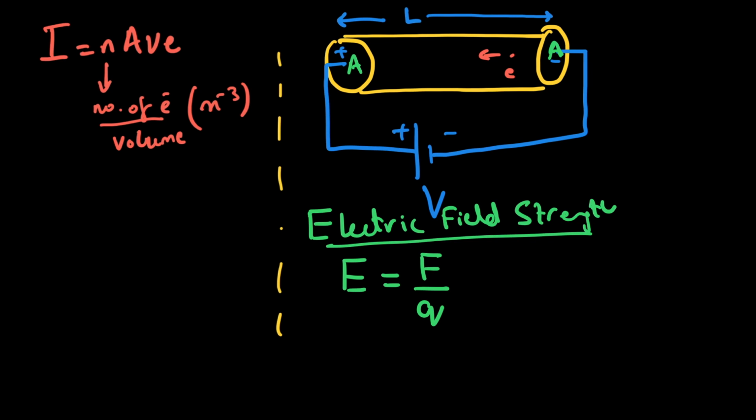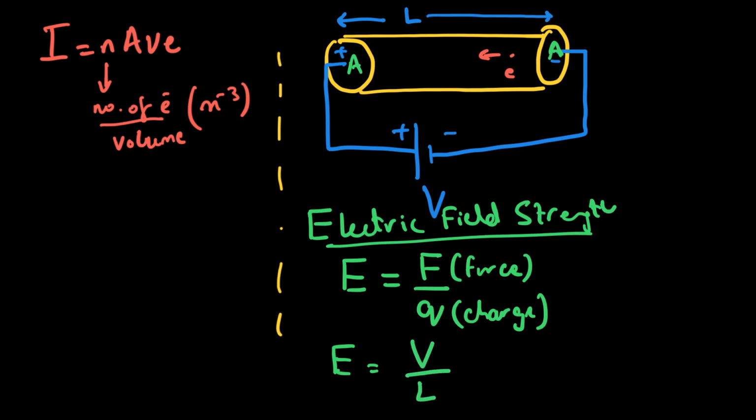Electric field strength is also defined as the potential difference applied divided by the distance between the two terminals. So you've applied a potential difference V between these two terminals, the terminals are a length L apart, so it's V over L.